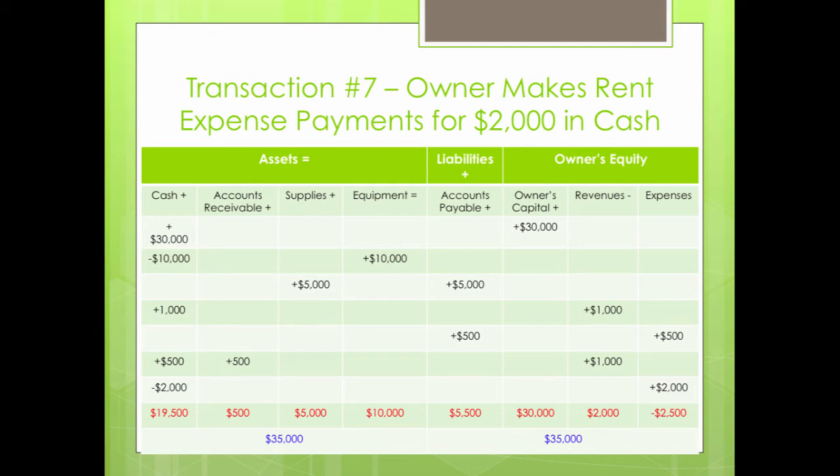Transaction number 7. Owner makes rent expense payments for $2,000 in cash. The keywords here are expense and cash. Expenses are recorded under the expense account, so we record the expense as a positive $2,000.